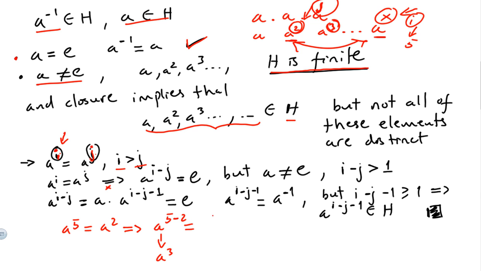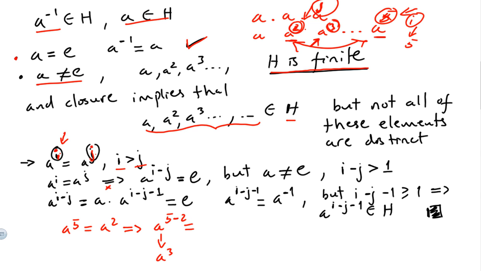Okay, and since this is the element that will start repeating, it means that, since 5 equals 2 in a way, right, this power of 5 here equals 2, it means that a to the power of 5 minus 2, it's a to the power of 3.